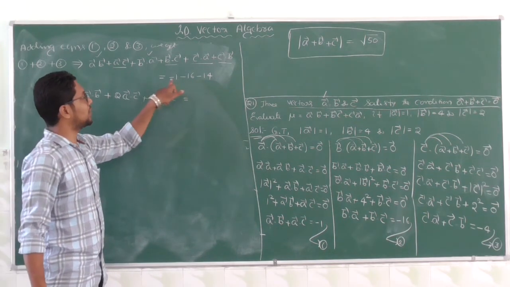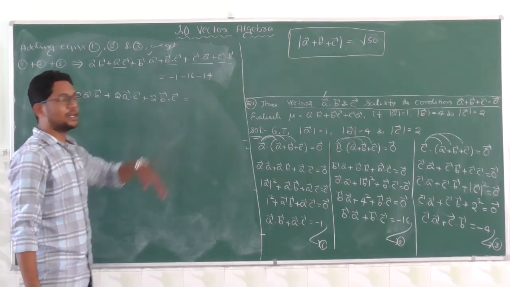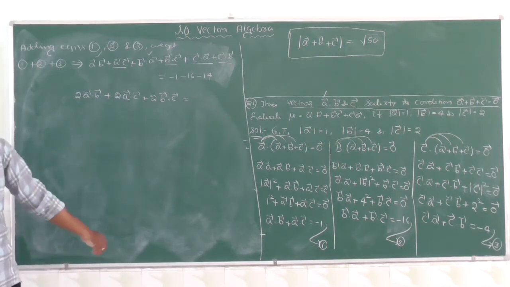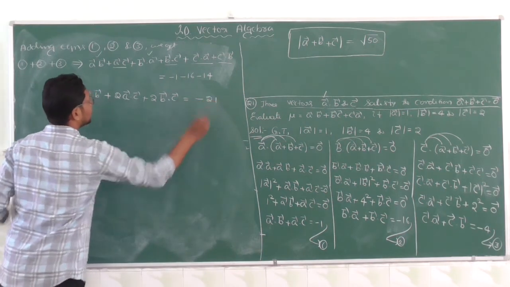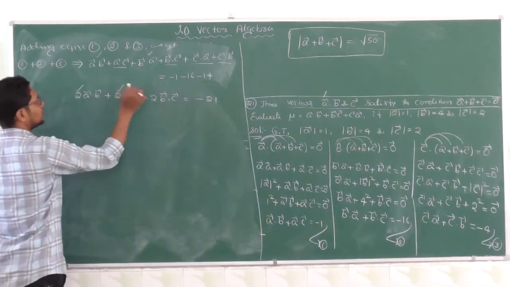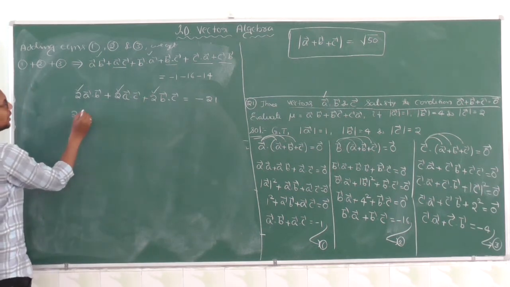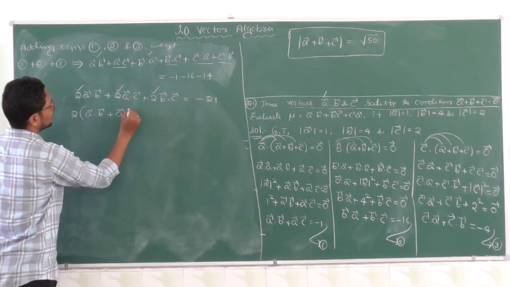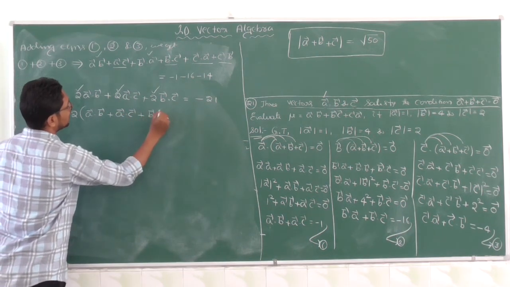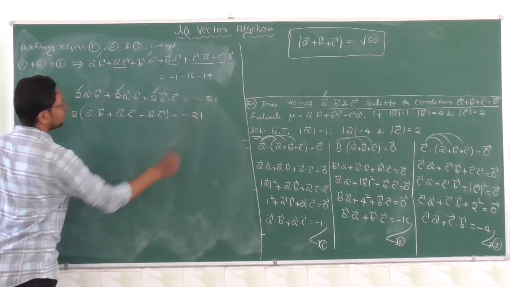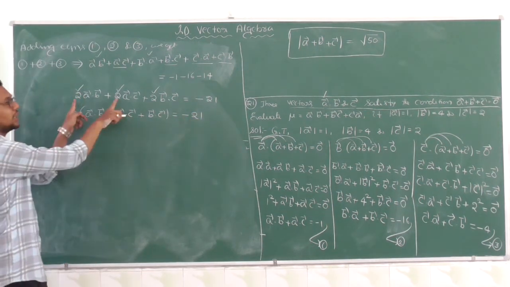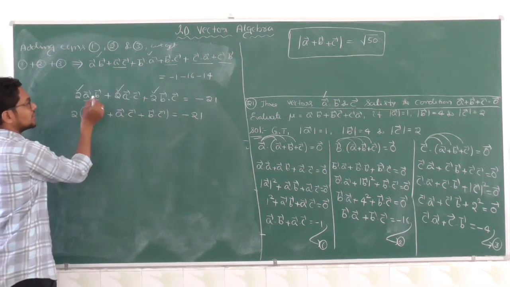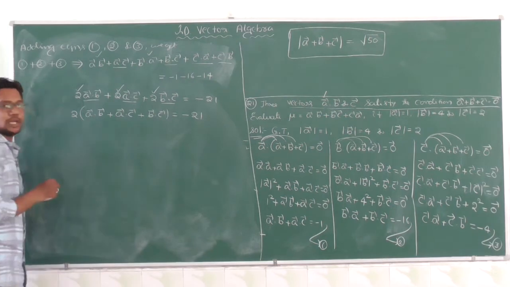Minus 1, minus 16 and minus 4 is how much? Minus 21. You just take 2 outside from this, then we will get A dot B plus A dot C plus B dot C equals to minus 21. Here I took 2 common, then the remaining things A dot B, A dot C, B dot C I have written.